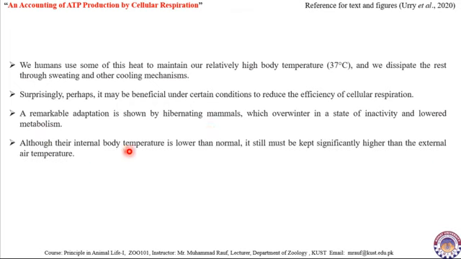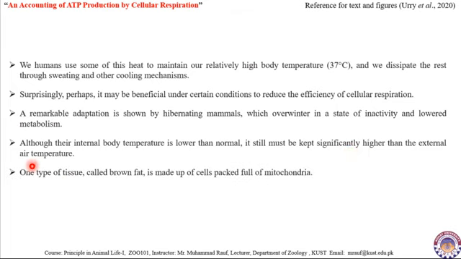Although their internal body temperature is lower than normal, it still must be kept significantly higher than the external air temperature. One type of tissue called brown fat is made up of cells packed full of mitochondria. So the brown tissue has an abundant amount of mitochondria.